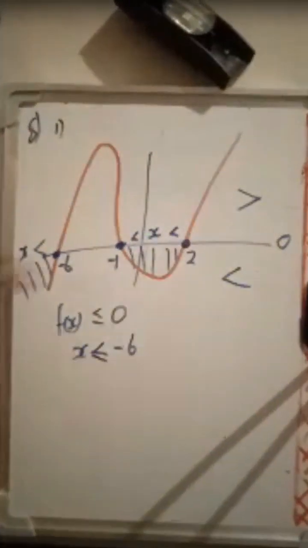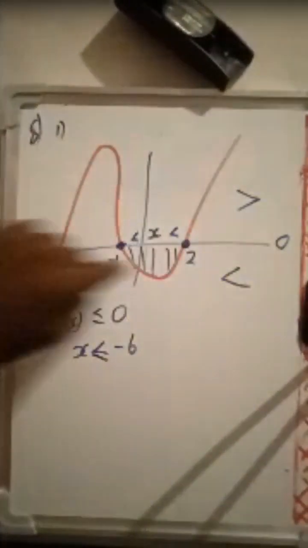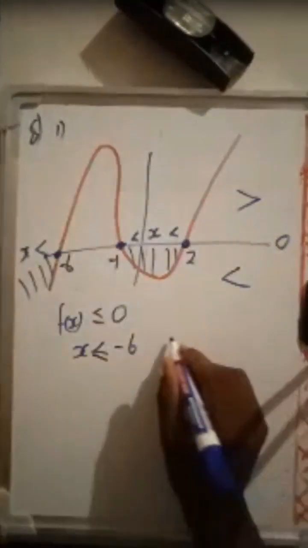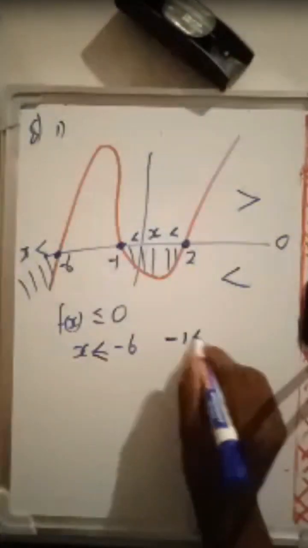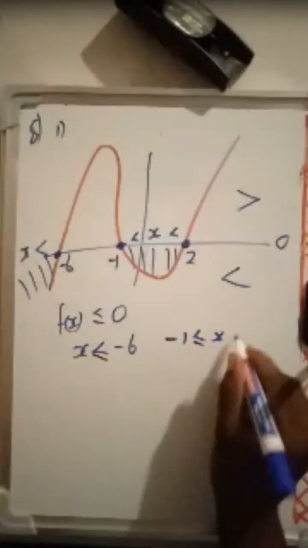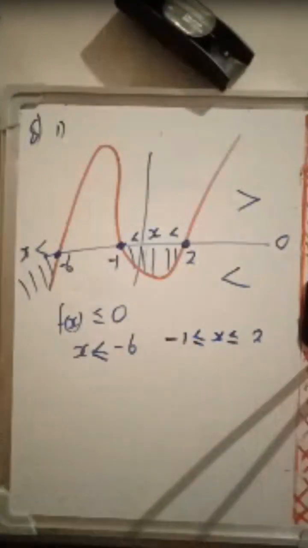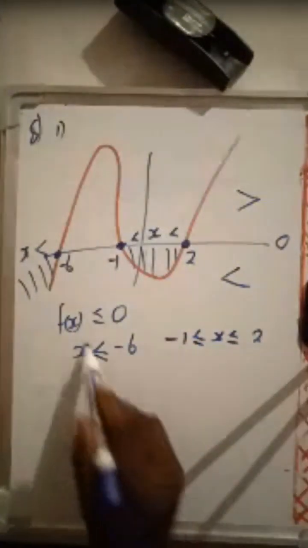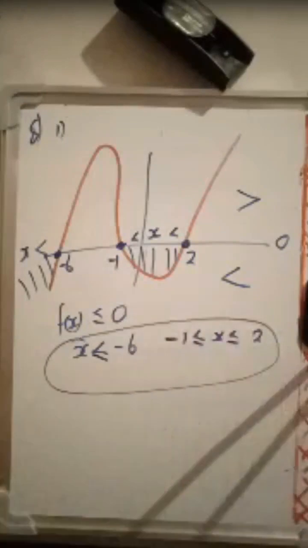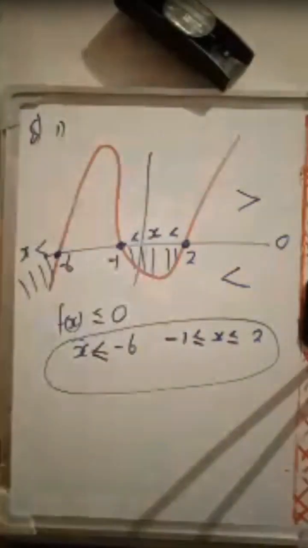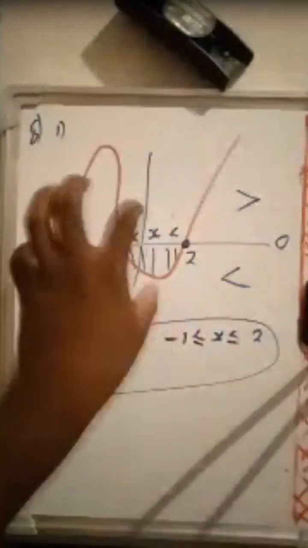So if you're using the graph like that, you see that your signs are going to face the same side. So this is going to be -1 less than or equals to x less or equals to 2 because of this item. Okay, so this part is like the part of the inequalities in question number 1.